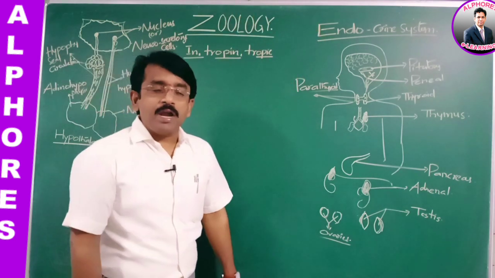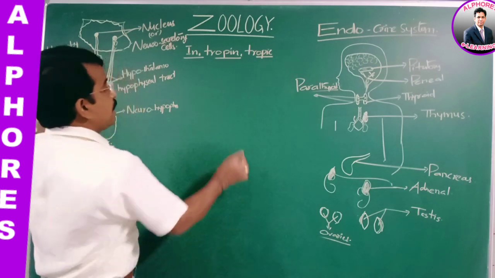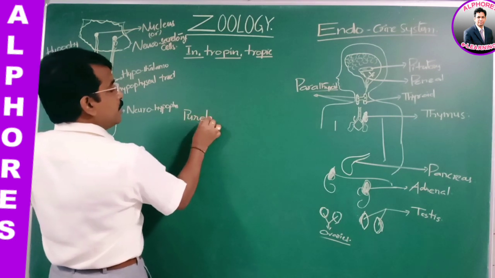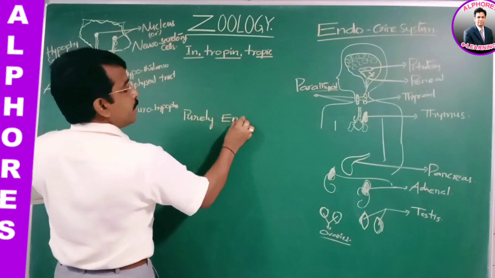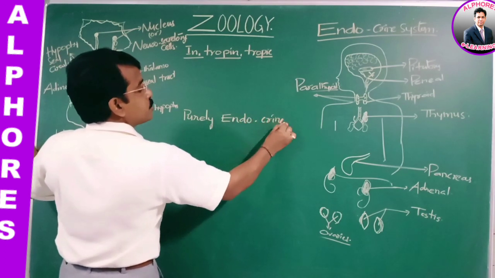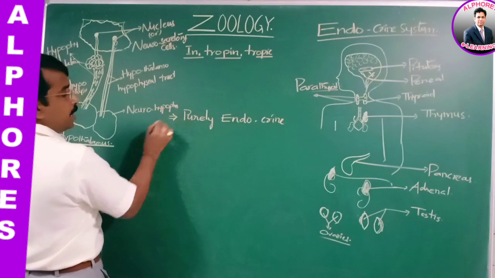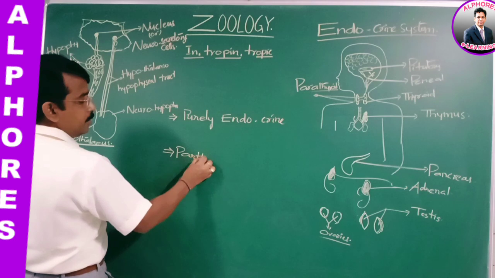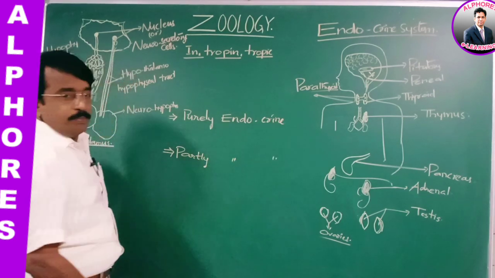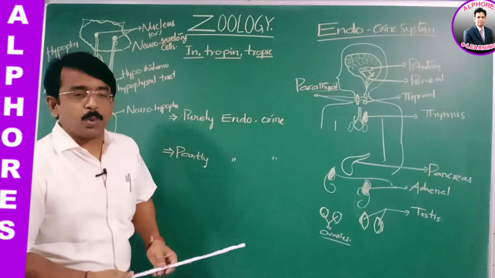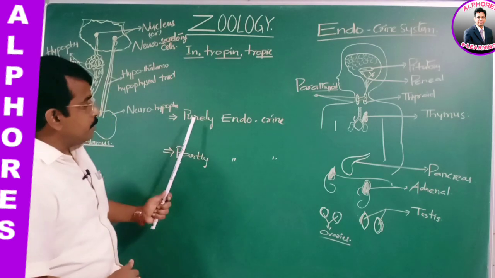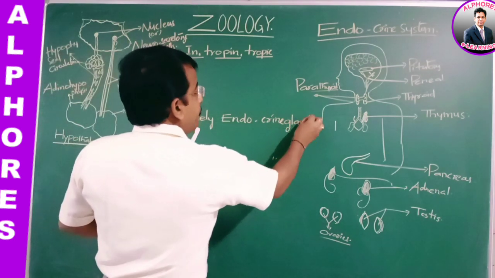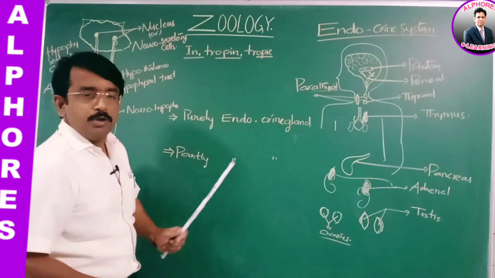Generally, the endocrine system, which includes the endocrine glands, is of two types: purely endocrine glands and partly endocrine glands. I repeat, the endocrine glands are of two types, the purely endocrine glands and the partly endocrine glands. What do you mean by this?